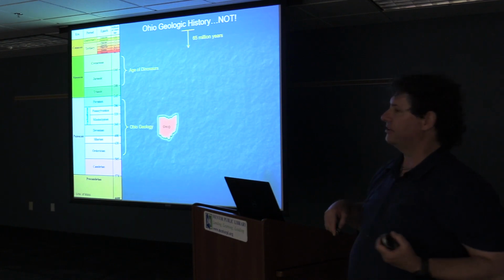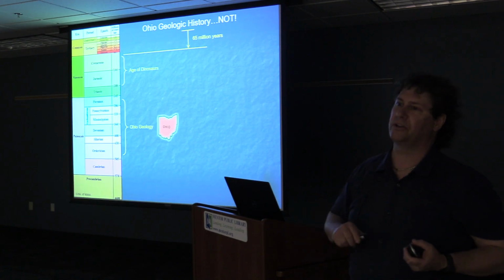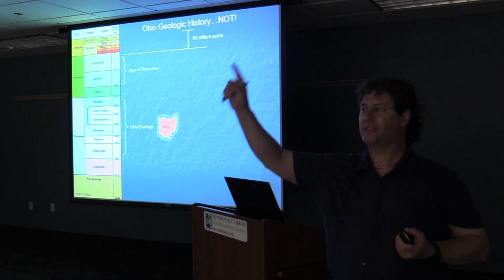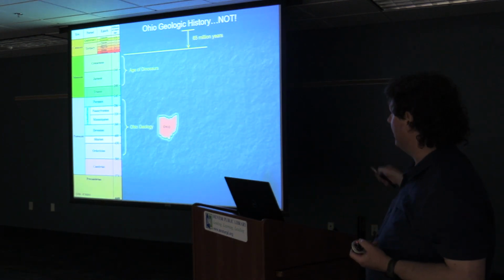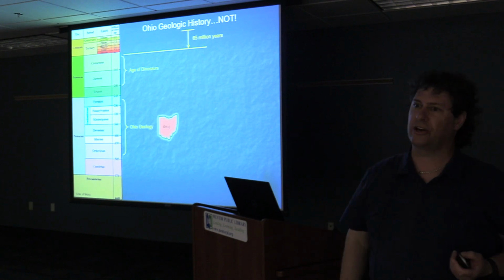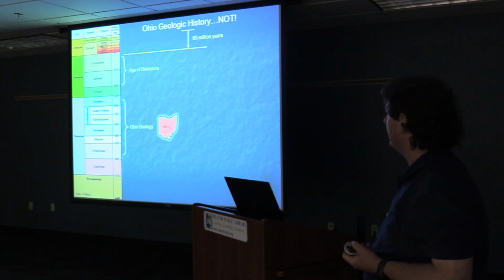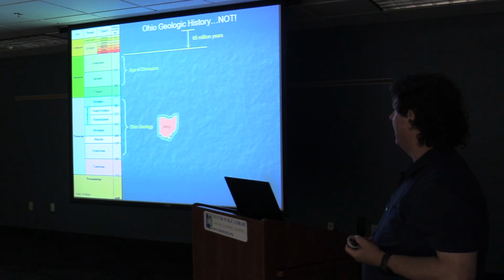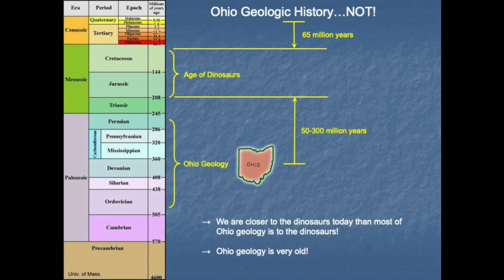So right now, the dinosaurs are 67 million years away from us, not including birds. They're still out there. But 67 million years ago, that asteroid came by, whacked them, they were gone, at least the non-avian. The dinosaurs' start is anywhere from, depending on where you are in Ohio geology, 50 to 300 million years away from the dinosaurs starting.